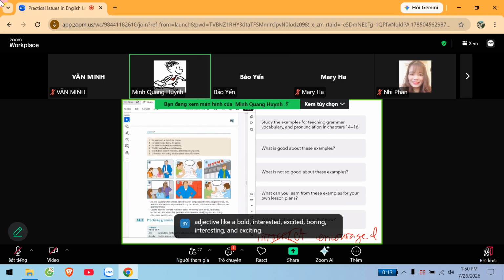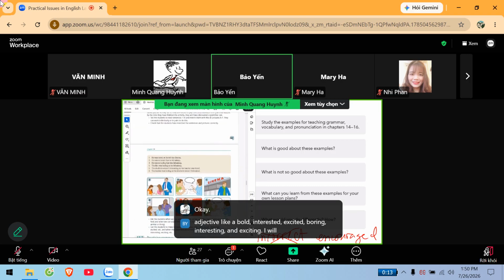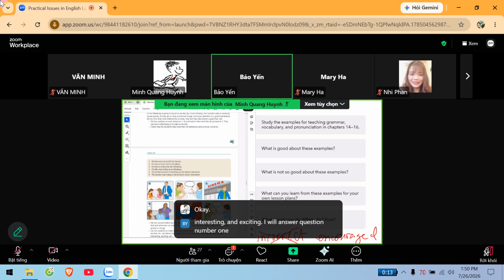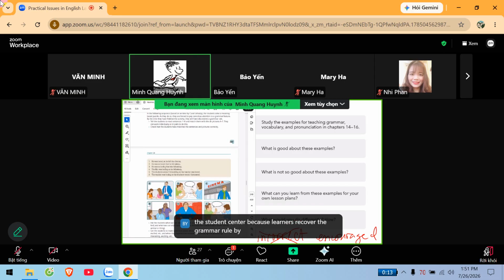Okay. I will answer question number 1. The lesson is student-centered because learners discover the grammar rule by themselves. The picture provides clear context, making the meaning of ed and ing adjectives easy to understand.